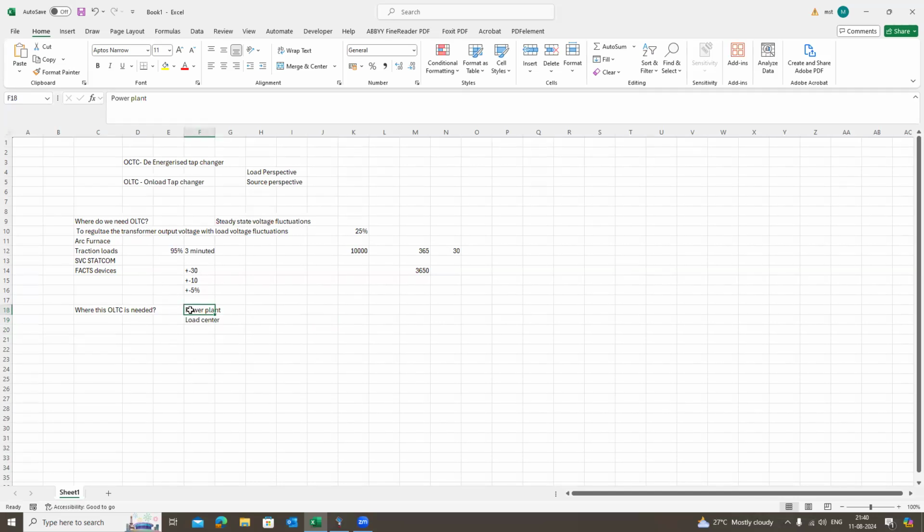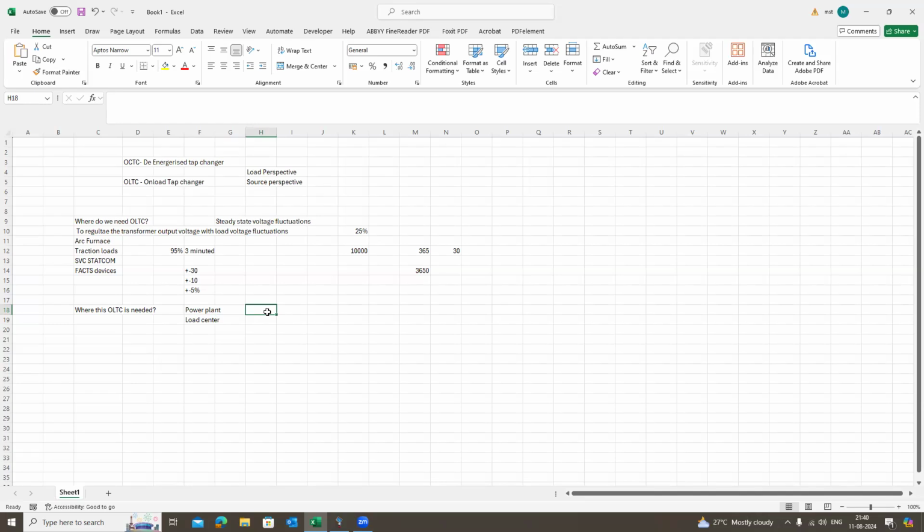But what is the purpose of this OLTC or the OCTC in the power plant applications? There, the OLTC is needed just to make sure that the entire generator capability can be extracted.